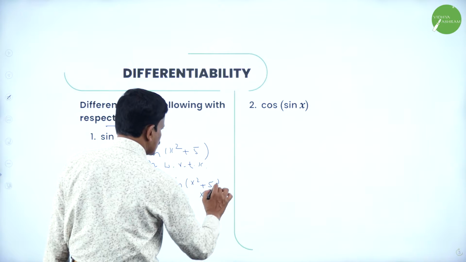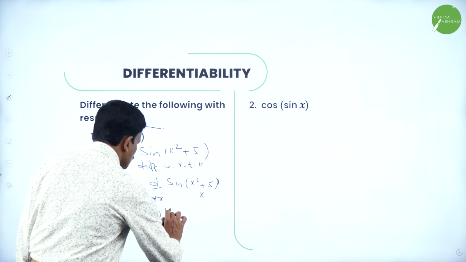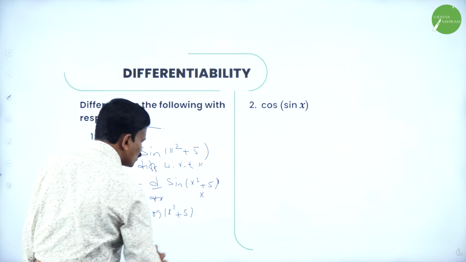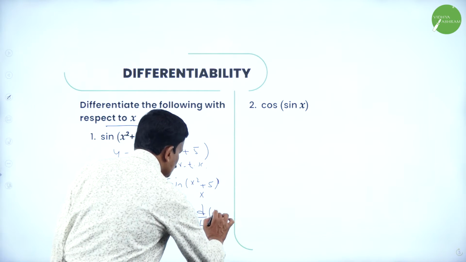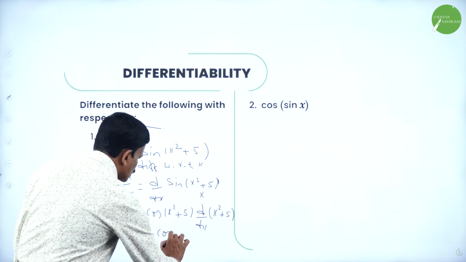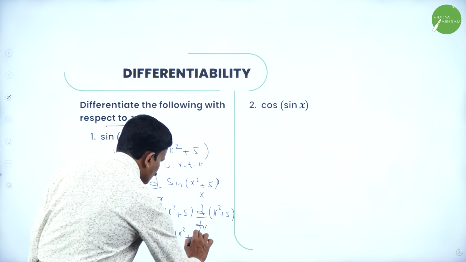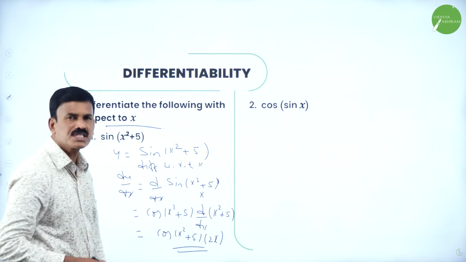Let us represent this as capital X. Now what is differentiation of sine x? Cos x. Instead of x it is x square plus 5 into d by dx of that inside function x square plus 5. So this is equal to cos of x square plus 5 into differentiation of x square is 2x, plus 5 constant 0.